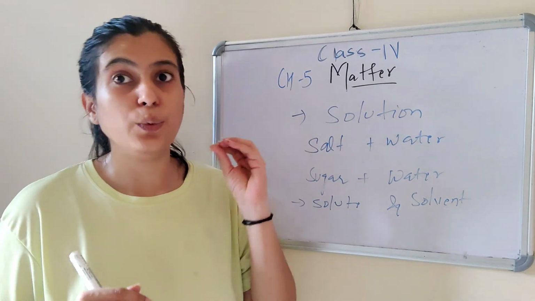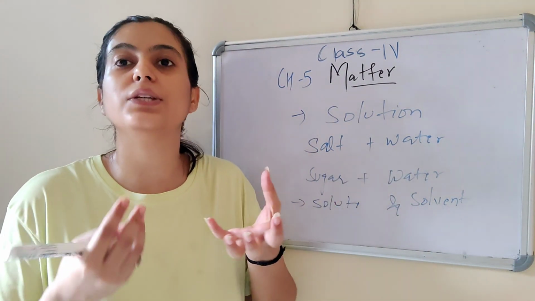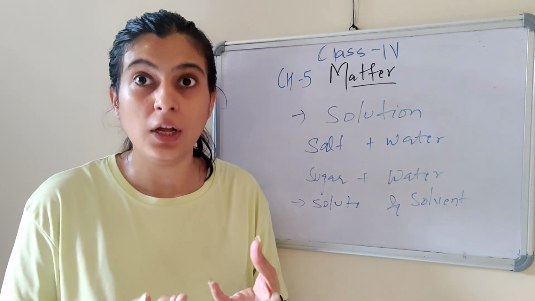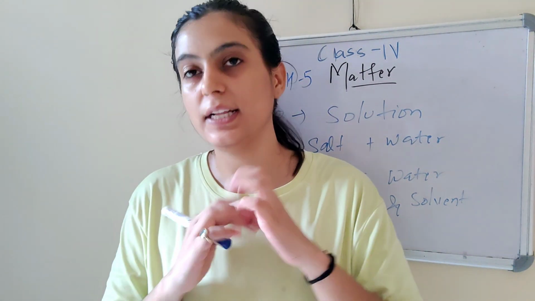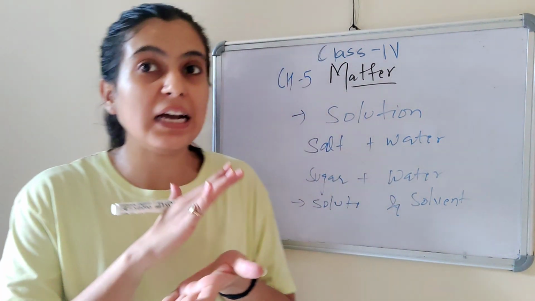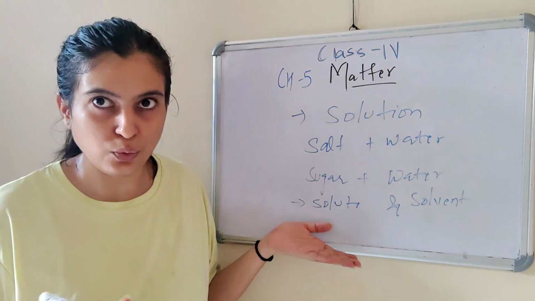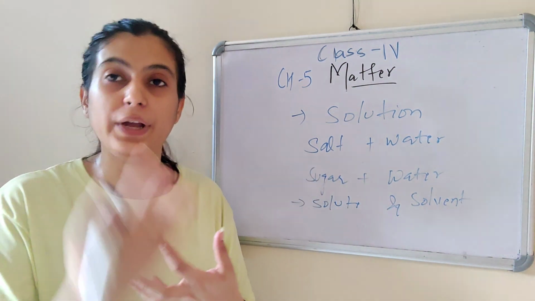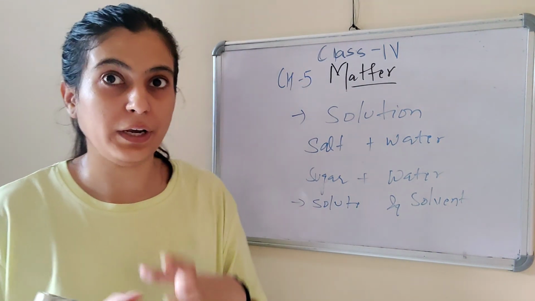The solid which is getting dissolved into the water is called the solute. Solute is lesser in quantity than the solvent. And what is the solvent? The liquid in which we add the solute.